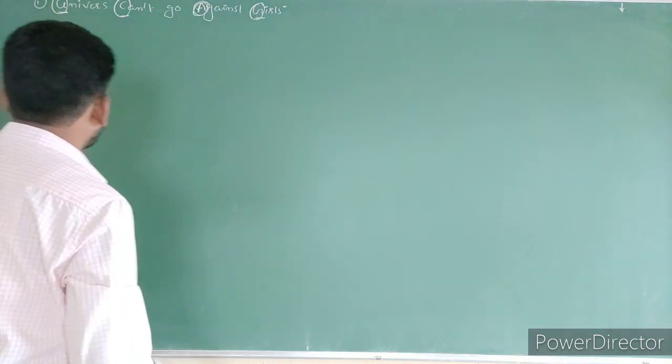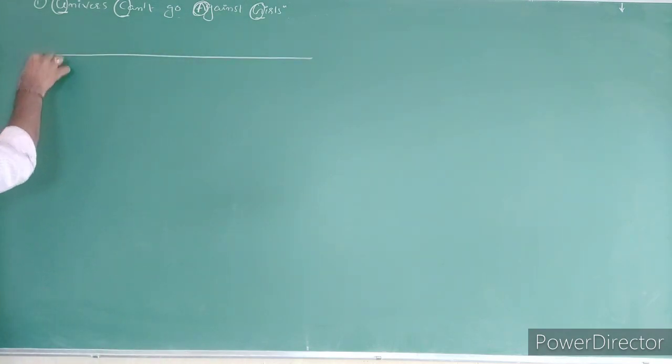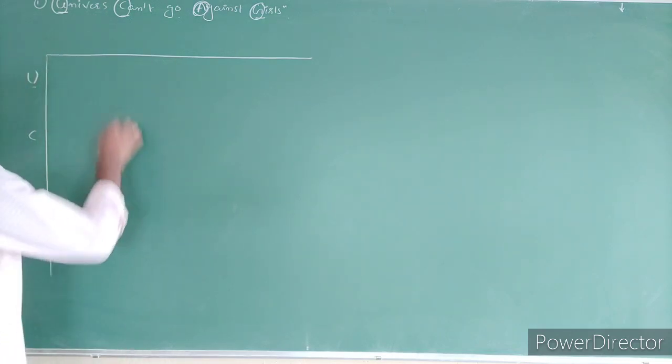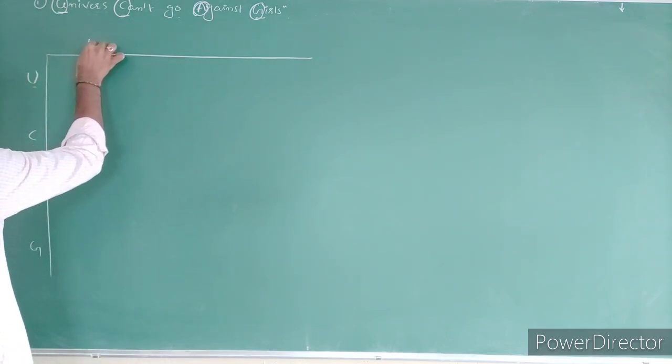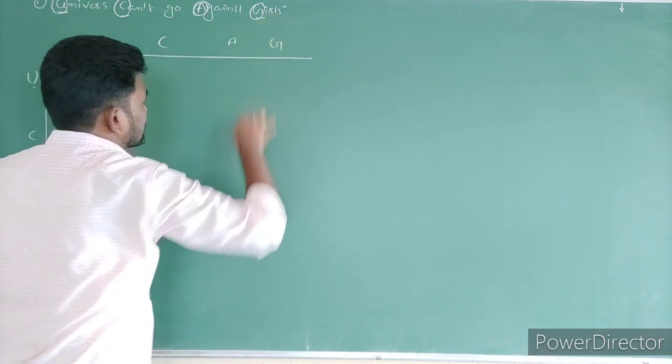Okay, let's write the table. First is uracil, meaning universe can't go against girls. So this is the first nitrogen base. The second base is again universe can't go against girls.